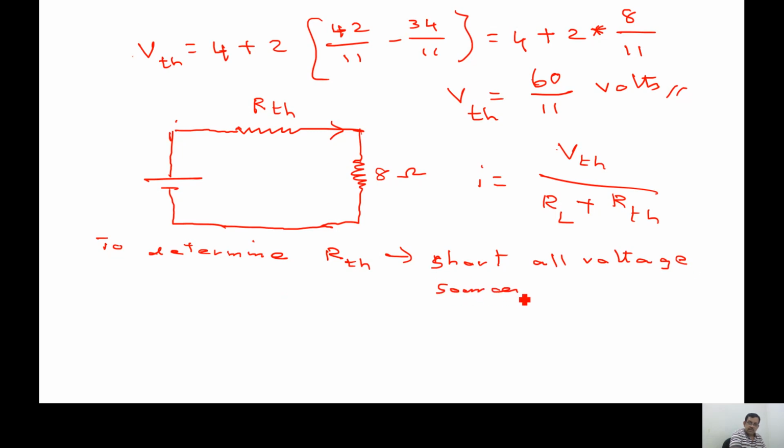If current sources are there, you have to open them. Short all voltage sources, and this is only in the case of ideal sources, which means zero internal resistance.